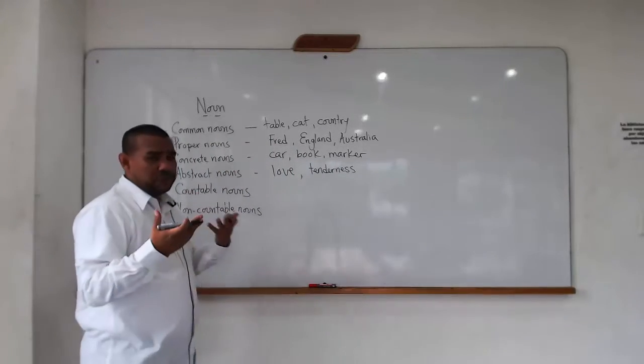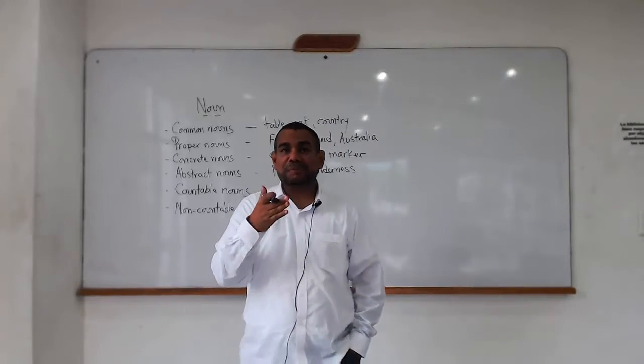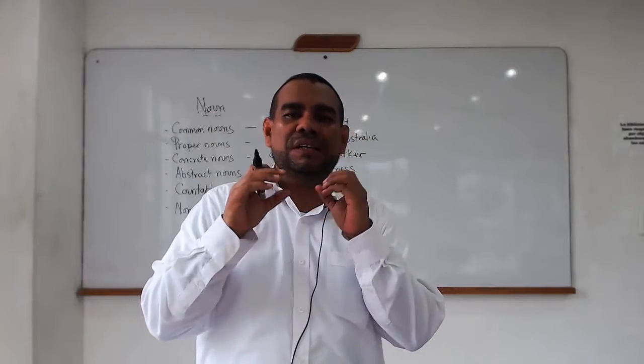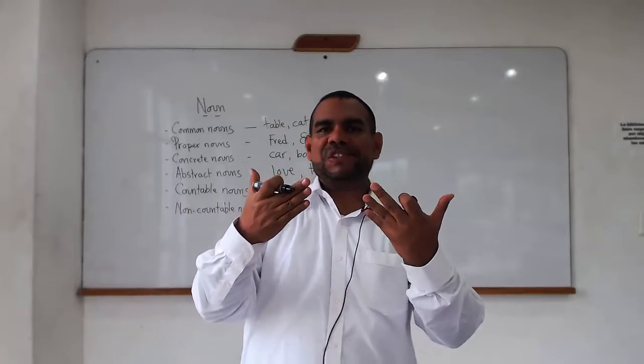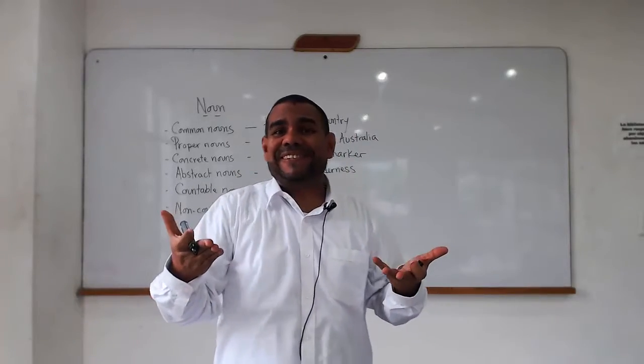Okay, countable nouns. We have already learned, but we will remember that countable nouns are the ones that can be related to numbers. They can be expressed in plural because they can be expressed in terms of quantities.